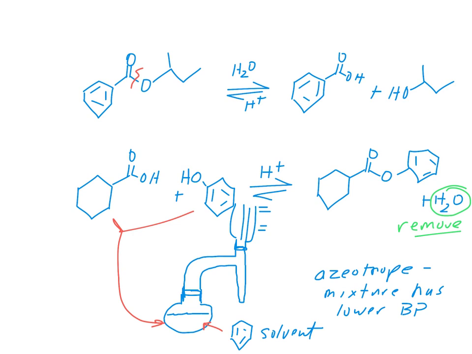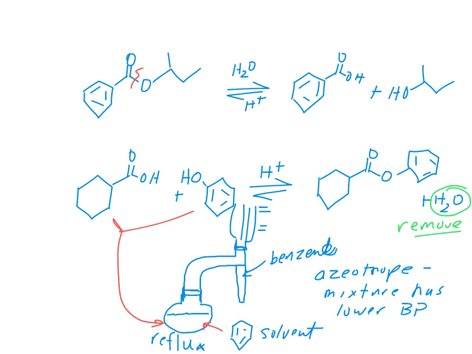So what we also do is we fill up here, we put some benzene up in here. Then we reflux this. You guys know what reflux is, right? Boiling. It's a fancy organic chemist's way to say boiling.